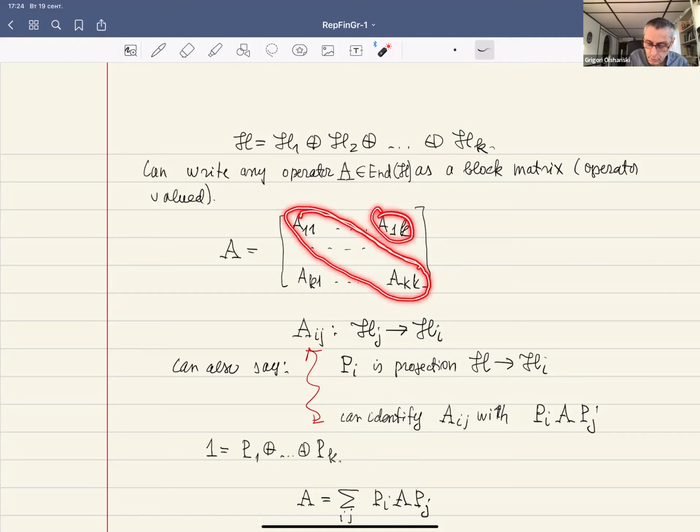So the components outside the diagonal are zero. And from this we can already conclude that our invariant subspace is compatible. Why?